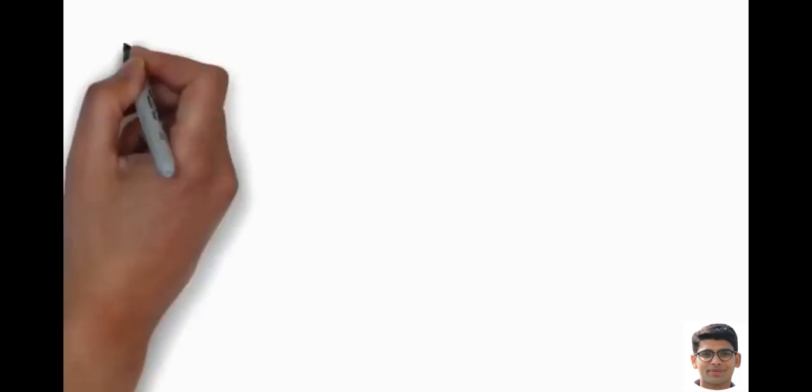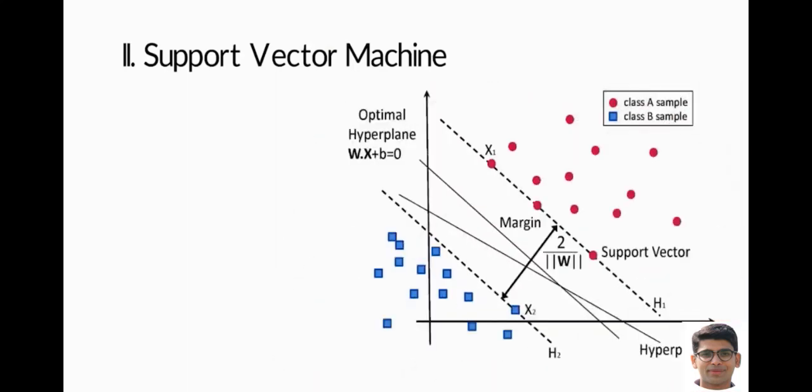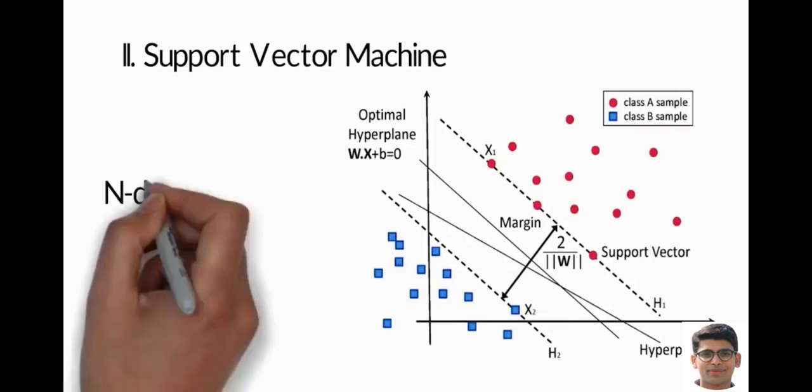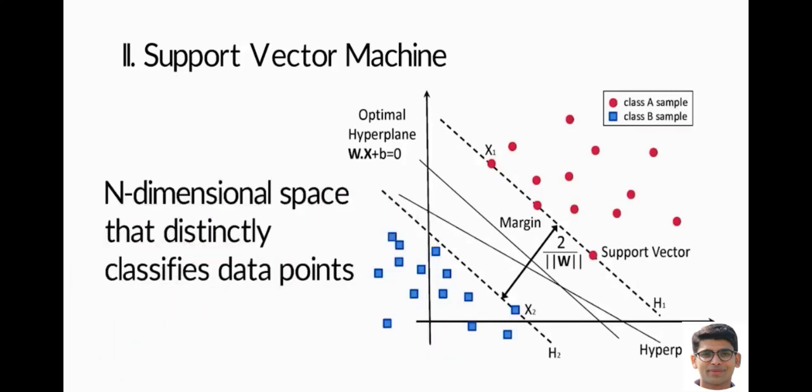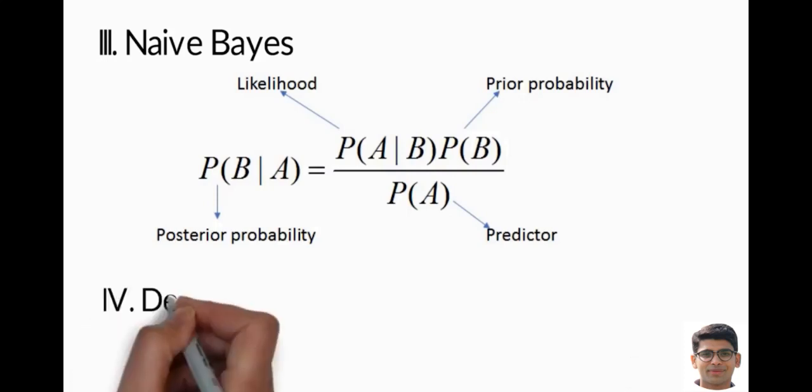Next, Naive Bayes. It is a classifier which acts as a probabilistic machine learning model used for classification. The classifier is based on the Bayes theorem.